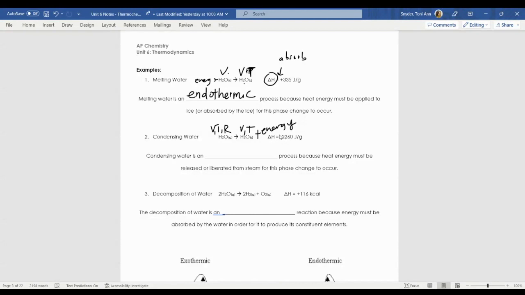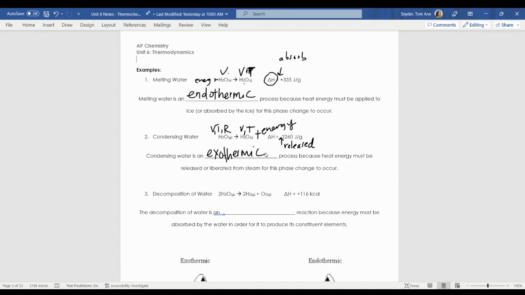So therefore, if I look at my delta H, my change in enthalpy, notice how I have a negative sign in this case. And that negative sign means that energy is released in this process. So energy is a product. So condensing water is an example of an exothermic process because heat is released in order for this phase change to occur.